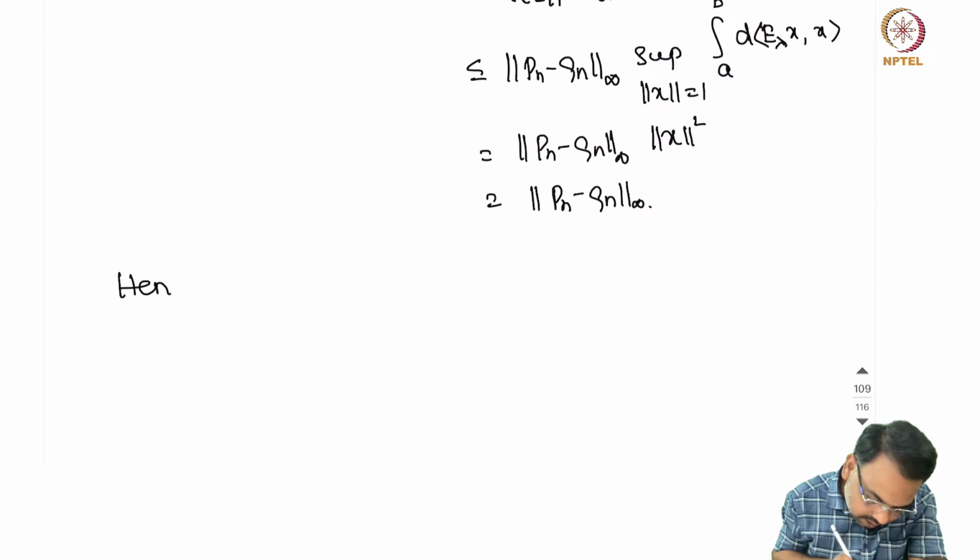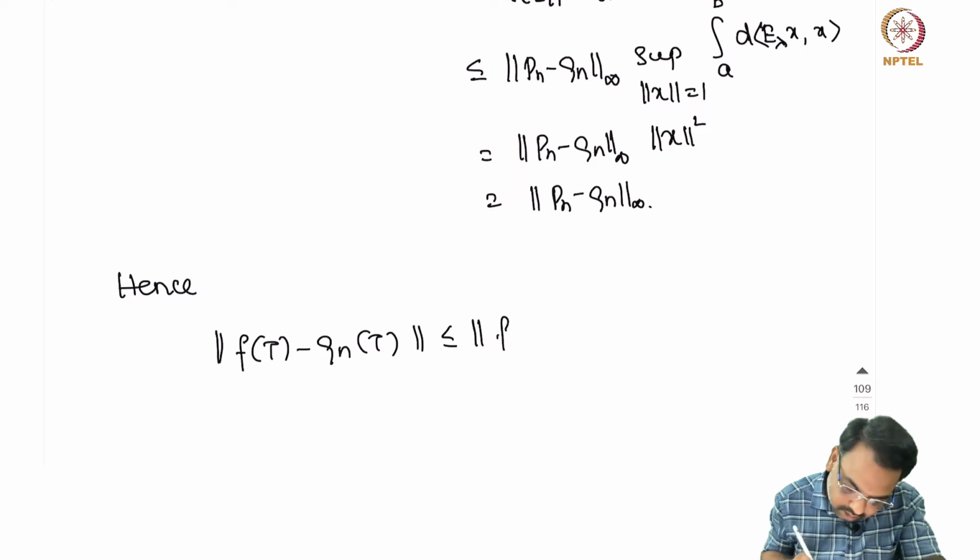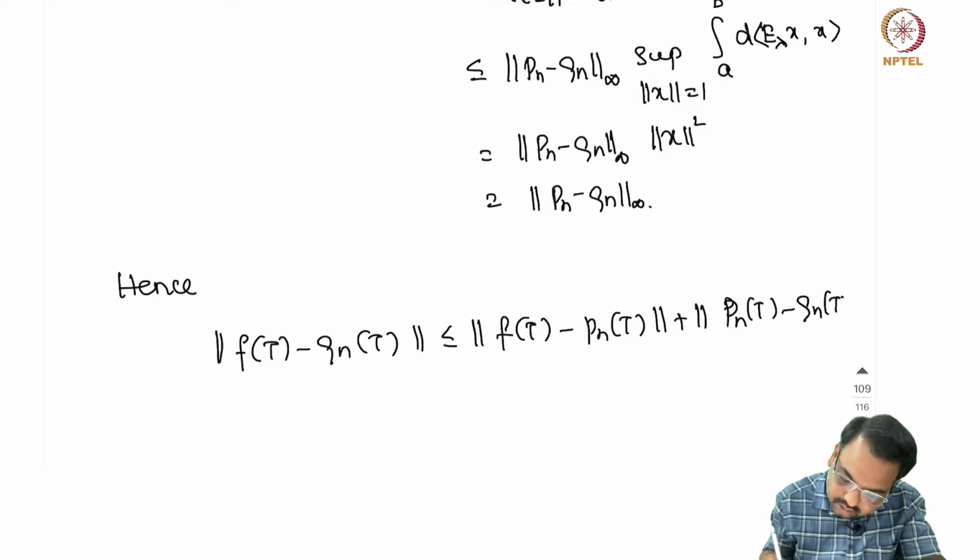Hence we can write the norm of f of T minus Qn of T is less than or equal to the norm of f of T minus Pn of T plus the norm of Pn of T minus Qn of T.